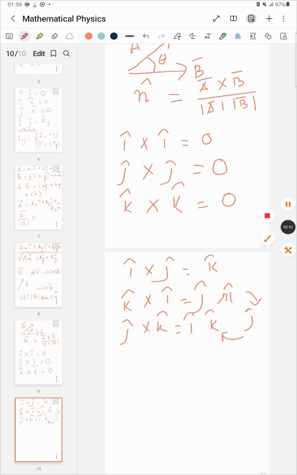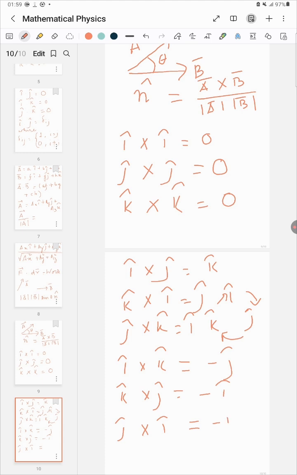But when you move anti-clockwise, your answer would always be negative. That is, i cap cross k cap would always give minus j cap. k cap cross j cap would always give minus i cap. And j cap cross i cap would always give minus k cap.